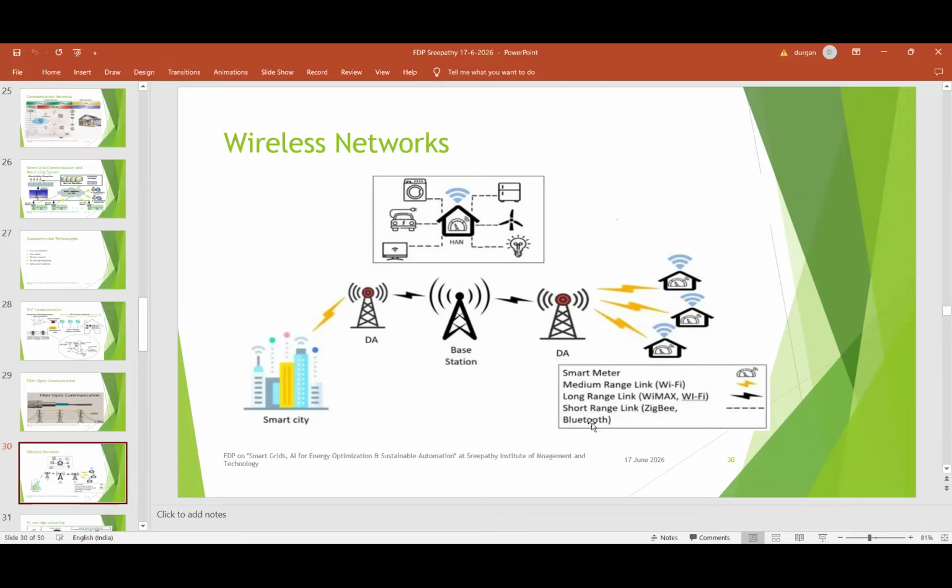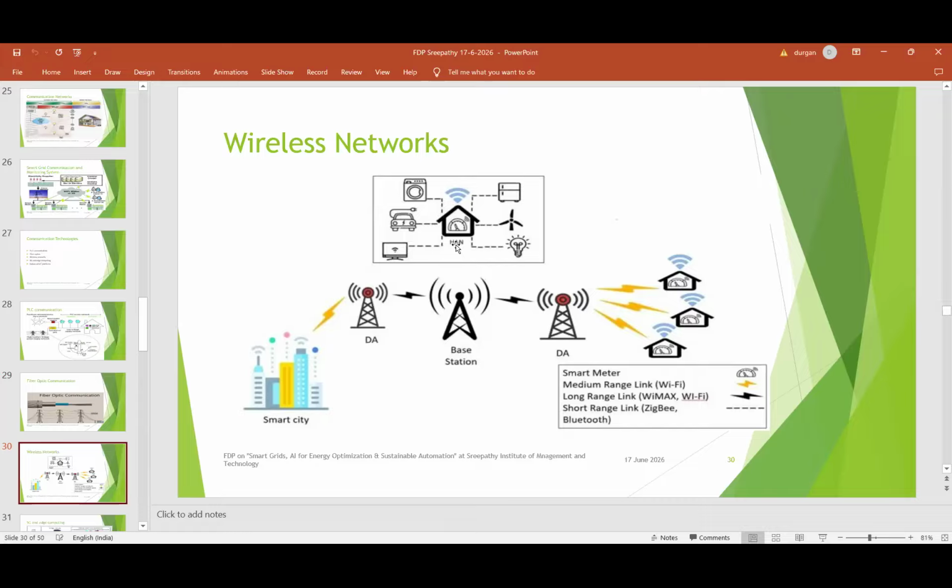It is mainly adopted for the HAN, the home area network. Home area network means a residential setup connected with several smart devices, that is e-vehicles, solar systems, then smart appliances.